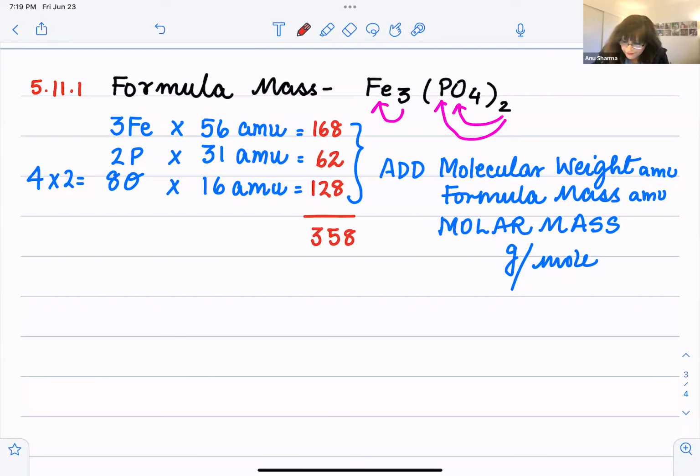We get 358 atomic mass units. 3 times 56 gives you 168, 2 times 31 is 62, and 8 times 16 is 128. So this is your final answer.